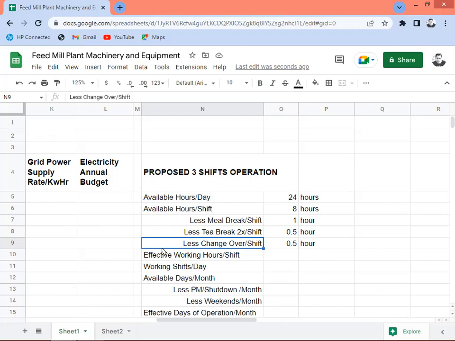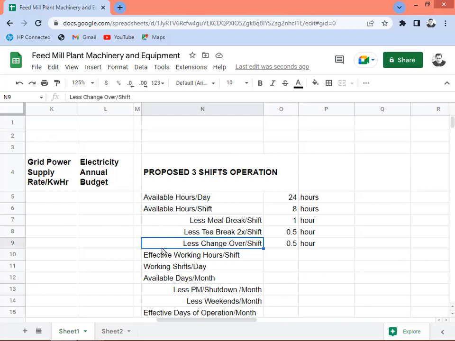And the next shift you're going to produce pellet feed for, let's say, finisher feed, and there will be changes of the die, and the worker is going to change the die.